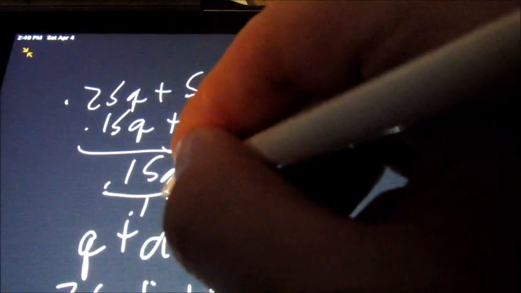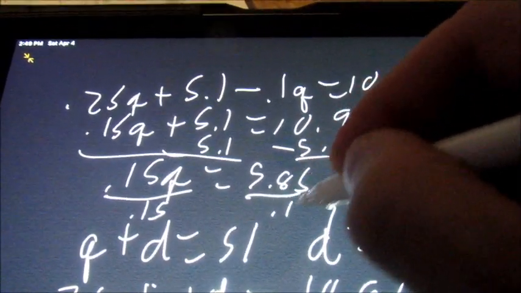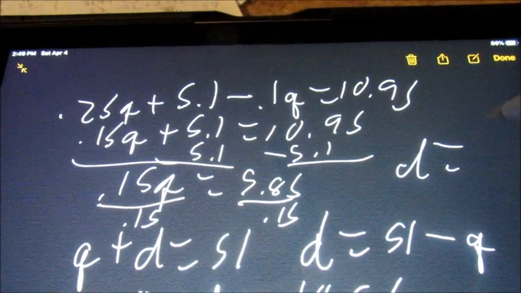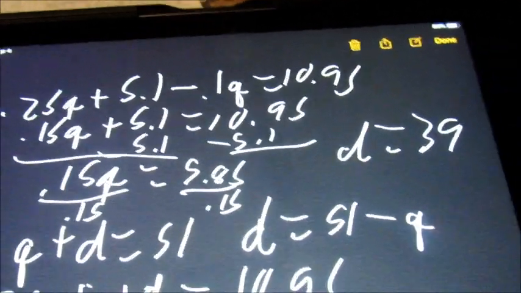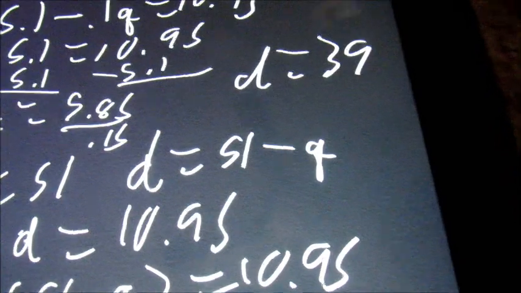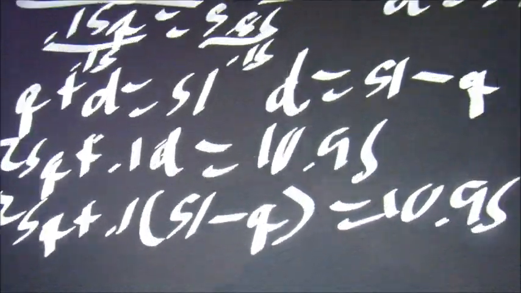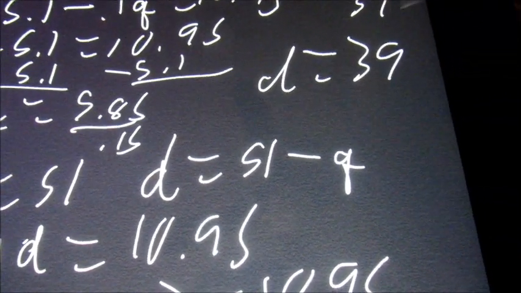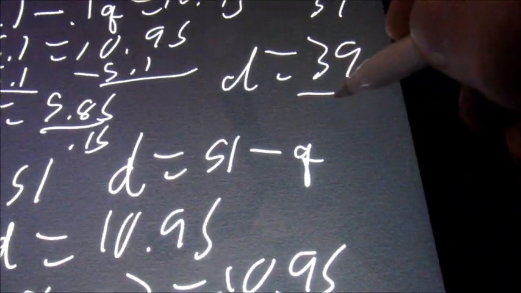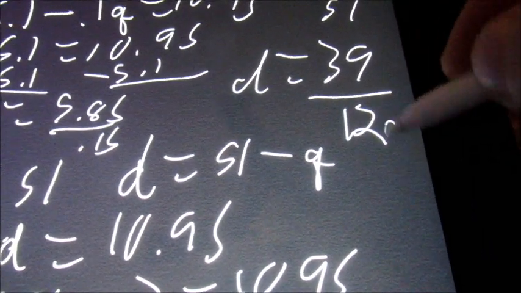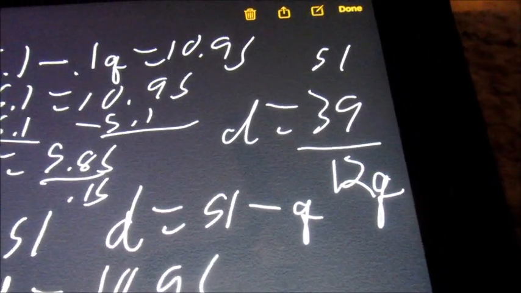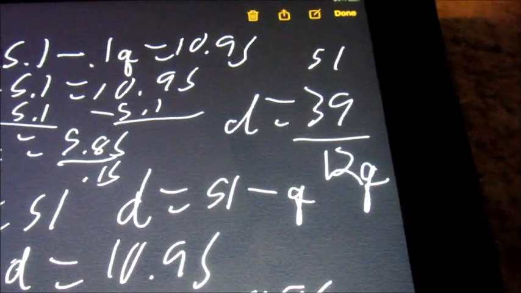Divide both sides by 0.15, and Q is going to equal 39. So now I know what that equals. In order to find the other, I need to put it into here, or just subtract 51 minus 39, and that equals 12. So you're going to have to do quite a few of this type.